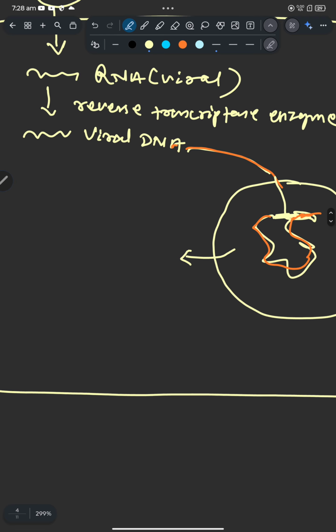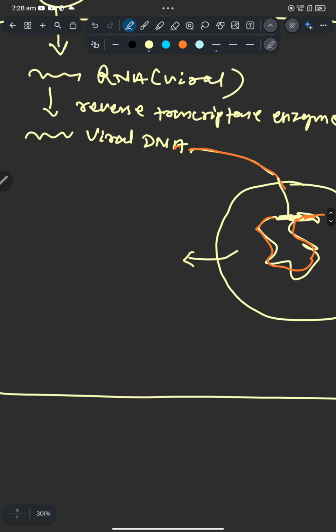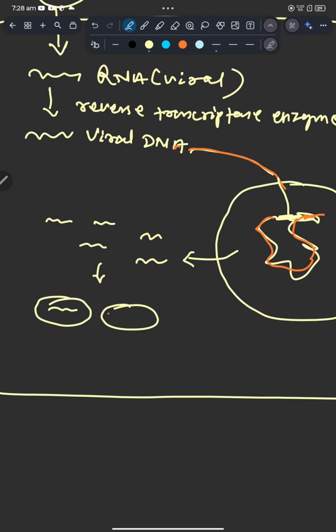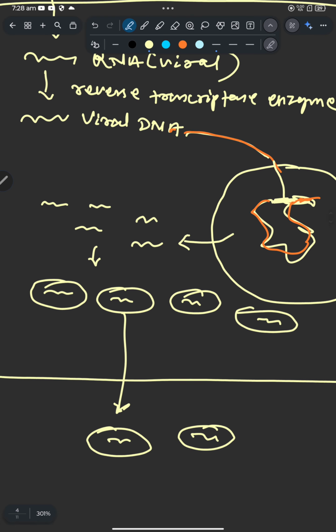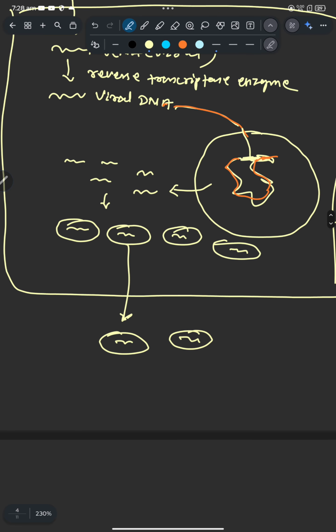The DNA produces the RNA. Then the RNA molecules are enclosed by protein coats and lipid layers, and it forms new viral particles. Now these new viral particles are released, and they infect the T helper cell.